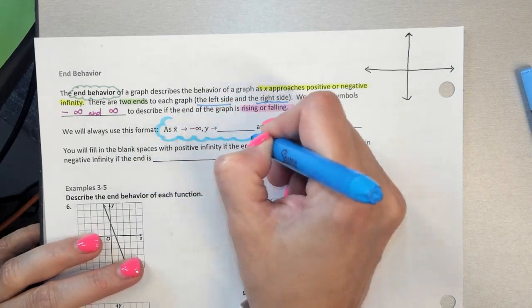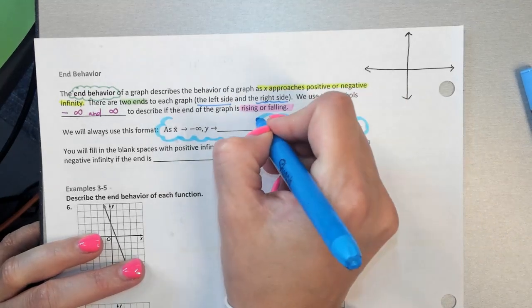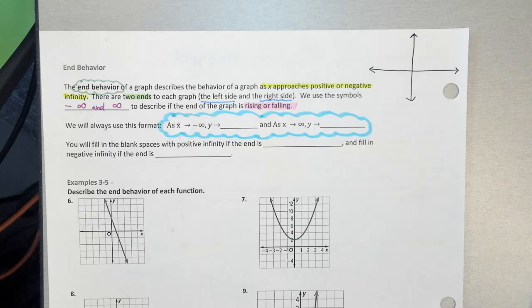As x goes to negative infinity, y goes to blank. And as x goes to positive infinity, y goes to blank. So you can use this for every single problem that's asking you to do the end behavior. Now, you can see the x's are already filled in.